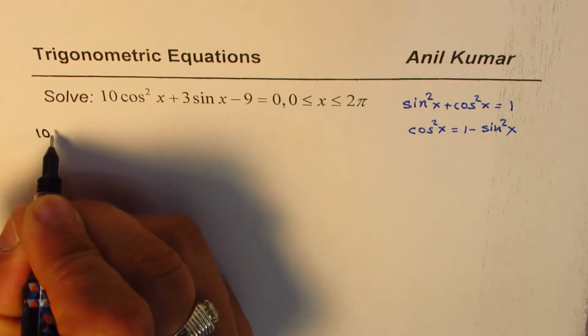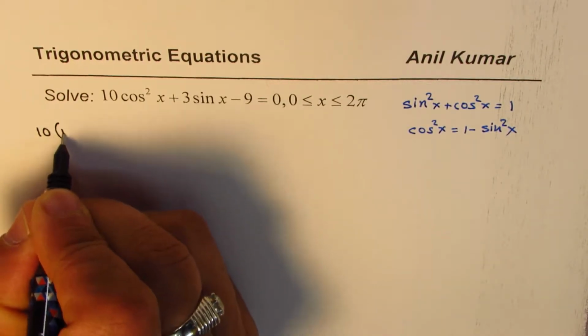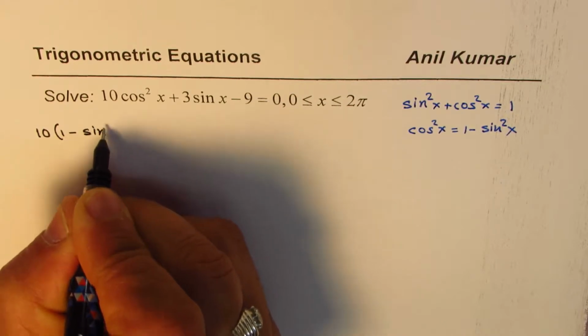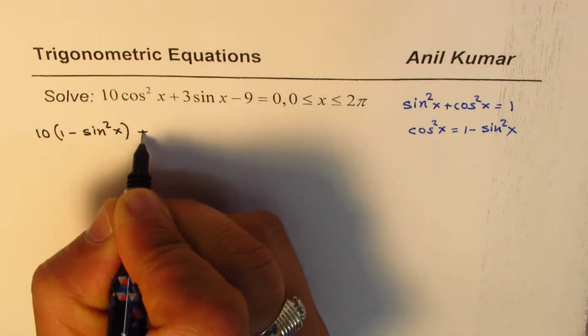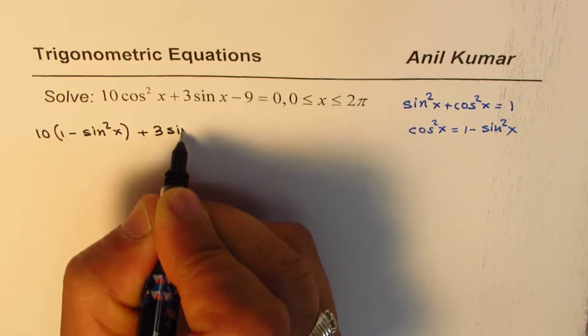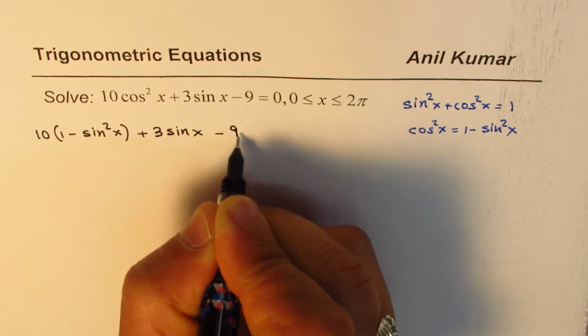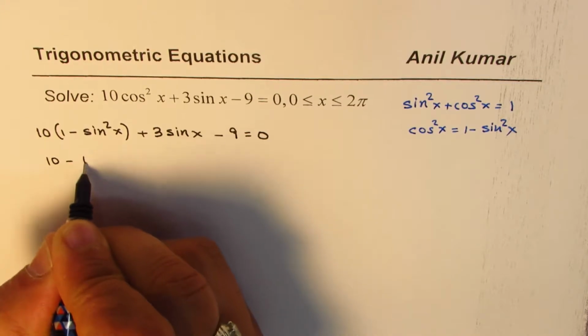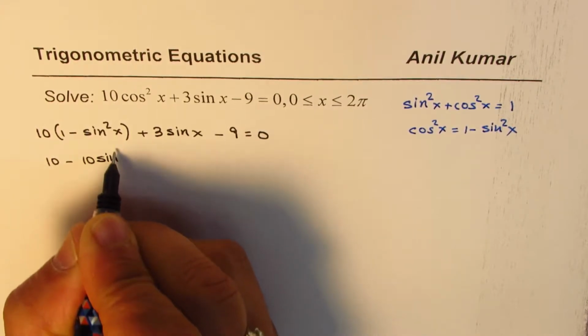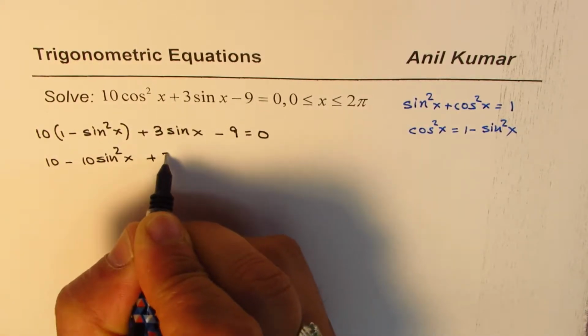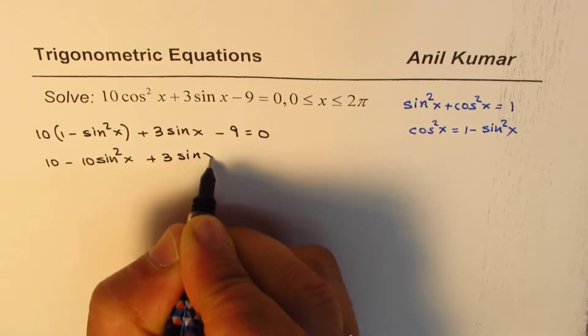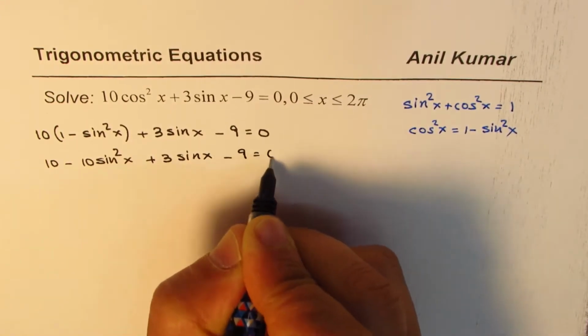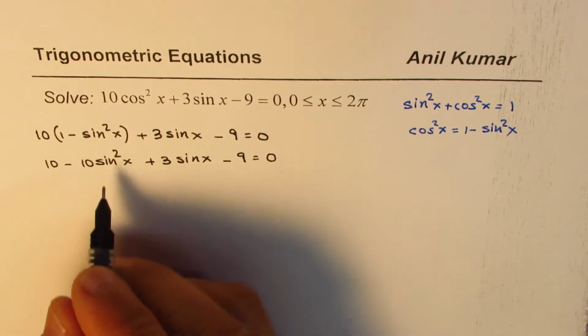So now the equation can be written as 10 times 1 minus sine square x plus 3 sine x minus 9 equals 0. Let's open the bracket. We have 10 minus 10 sine square x plus 3 sine x minus 9 equals 0, which can be simplified.